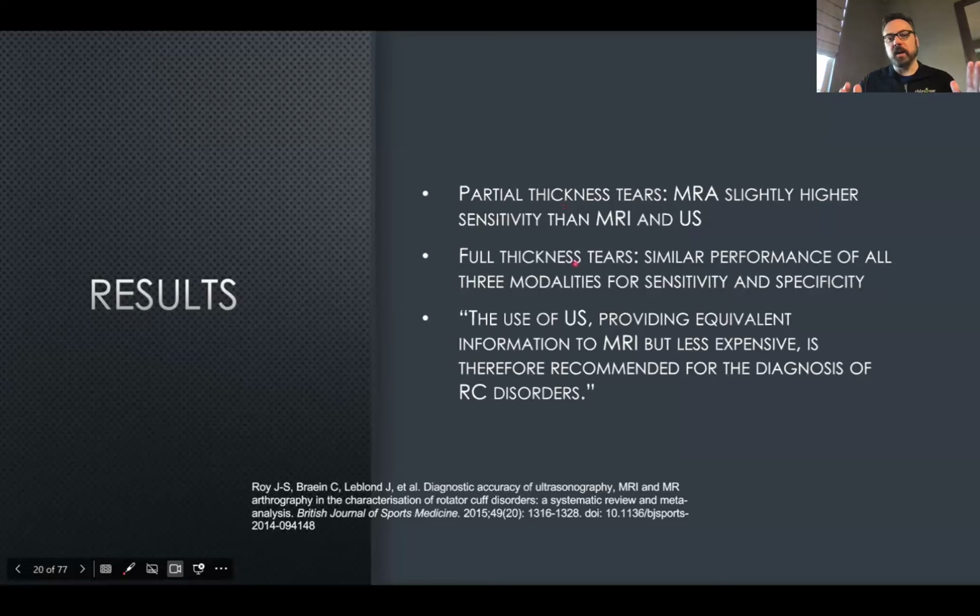MRI, MR arthrography, and ultrasound had the same sensitivity and specificity. But the difference is ultrasound is cheaper. It's easier to acquire. You could do it in your office. You don't have to send the patient off to a different imaging center to get the study done. So that was the benefit in terms of a full thickness rotator cuff tear that ultrasound did have over MRI or MR arthrography.